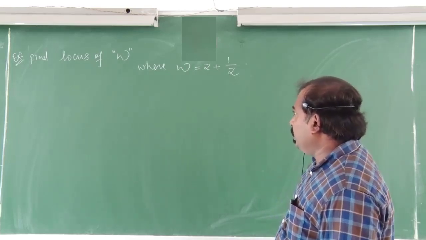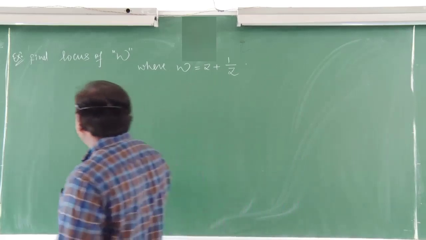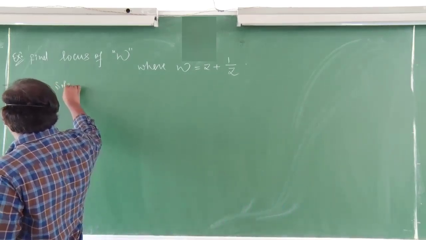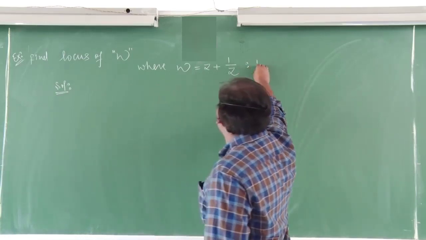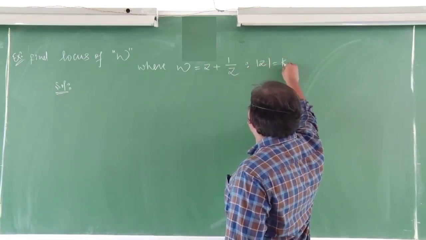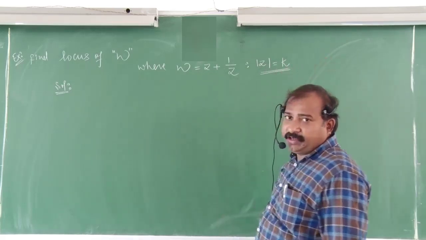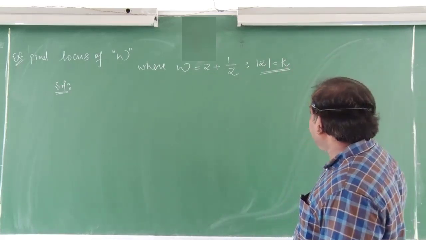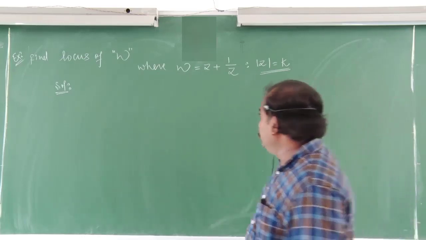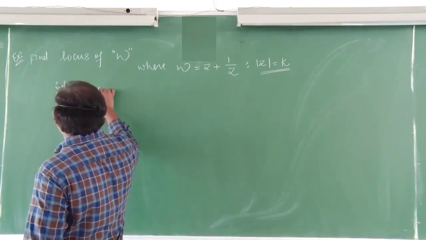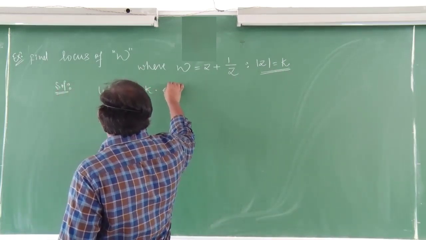Then what will that value be? Listen. Here they will mention that mod Z equals some constant K, which is not equal to 1, something like that. If mod Z is equal to K, how do you fix the locus of W? Let Z equal K into e power i theta.